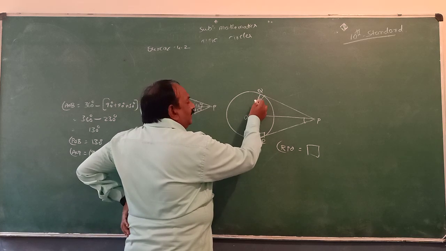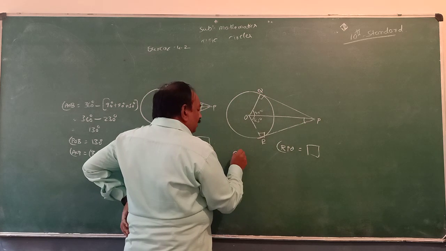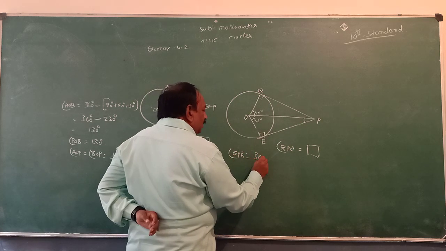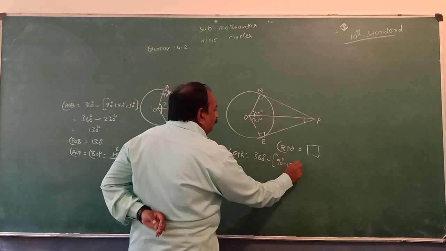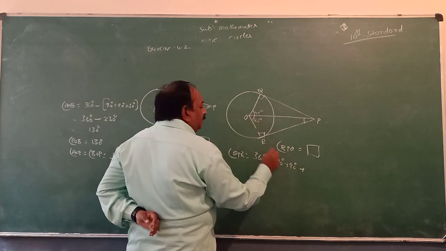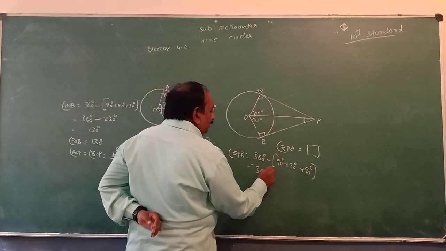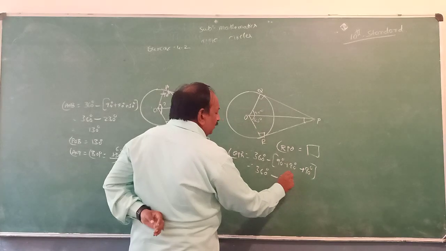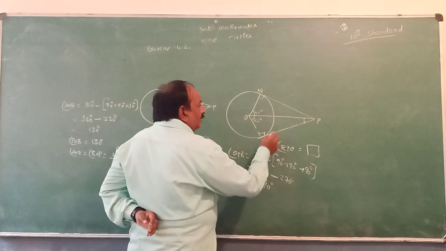So angle QPR is equal to 360 minus (90 plus 90 plus 45 plus 45, that is 90). 360 minus 270, 90 degrees.